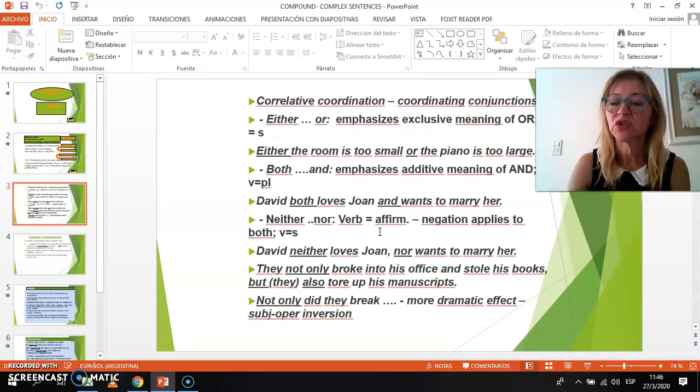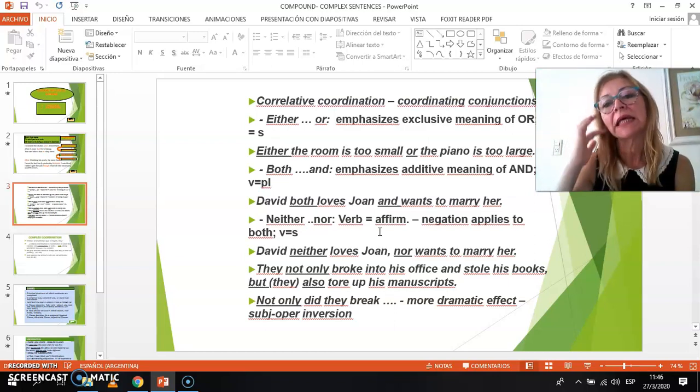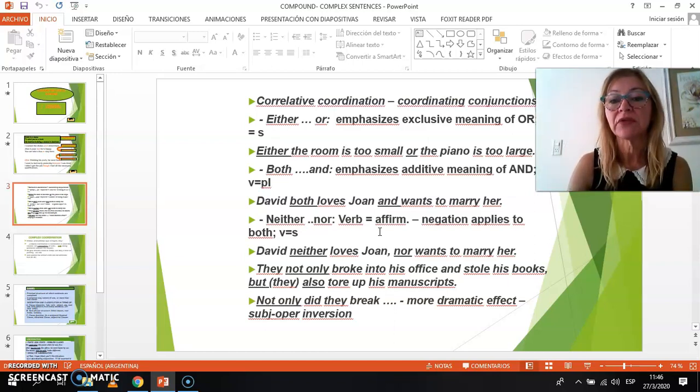So now, just to remind you, or to have a quick revision, to remember that there are correlative coordination and coordinating conjunctions. When we speak about correlative coordination, we mean coordinating conjunctions that have more than one word.